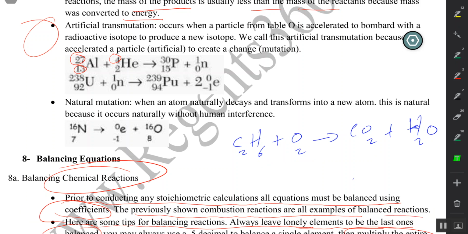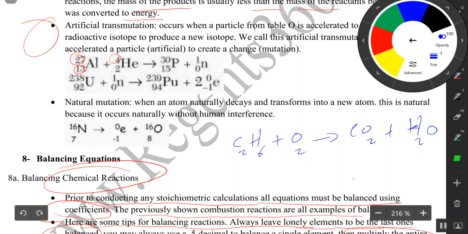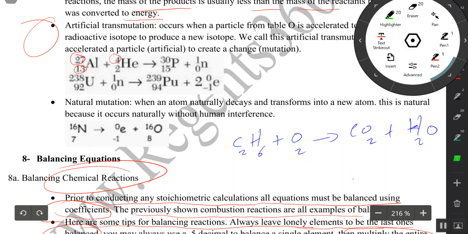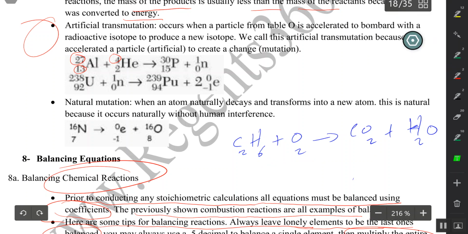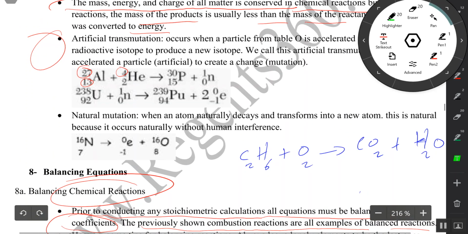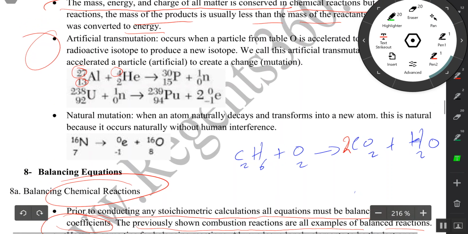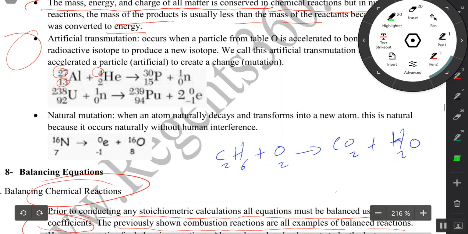Okay, let's try to balance this. Again, leave the lonely element, the oxygen, to the end. 2 carbons. I need 2 carbons here. Here we have 2 carbons. Next, hydrogens. I have 6 hydrogens here. I need 6 here, so I'm going to multiply this by 3.